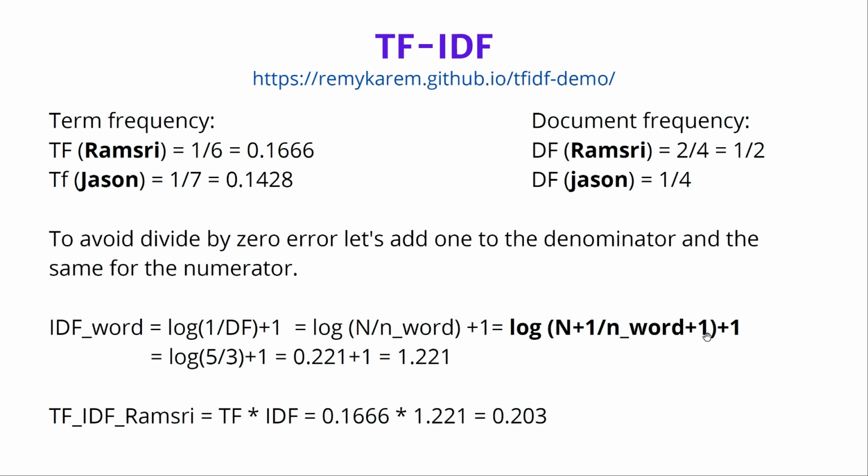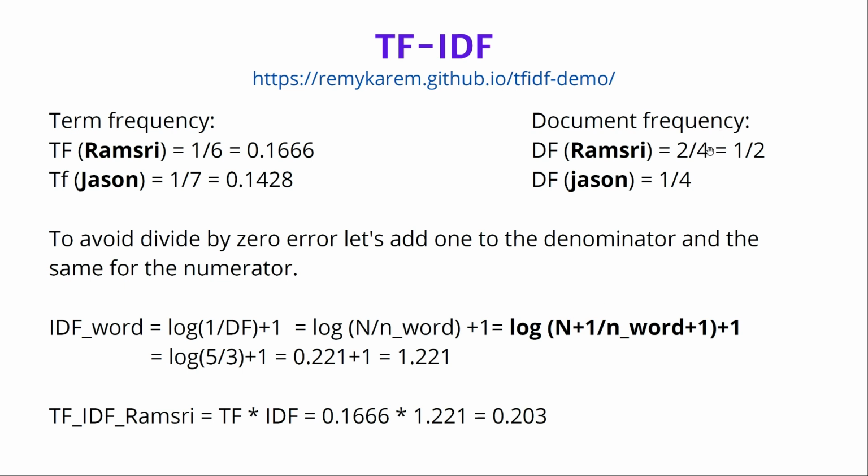So finally, this is the equation that we are going to use, and this is the same equation that a lot of libraries use as well. So at the end of the day, the IDF of Ramsri comes out to be log 5 by 3 + 1.